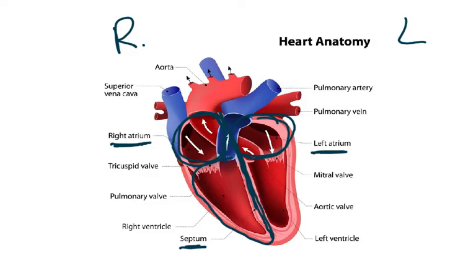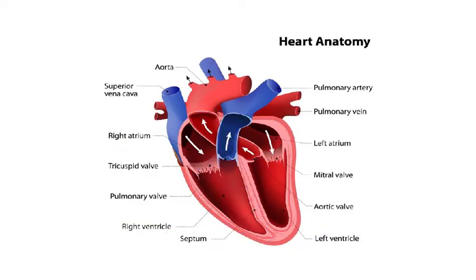And then you have the right ventricle, and this is the left ventricle. Now I'm going to clear all the ink so you can all see it. Left atrium, left ventricle, right atrium, right ventricle, septum. You must be able to label all this.